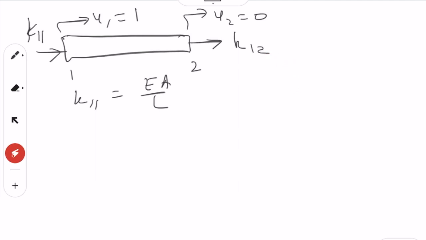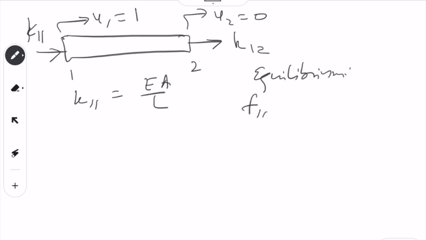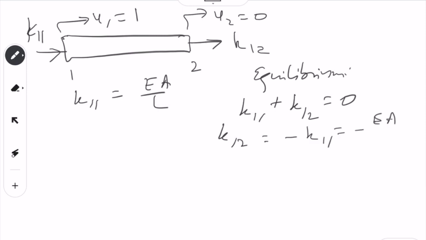Okay. If you look at this one and this one, since I have drawn both the arrows in the same direction, then for the equilibrium we get K11 plus K12 equal to 0, and hence K12 equal to minus K11 will be equal to minus EA over L. So, we got like this one.